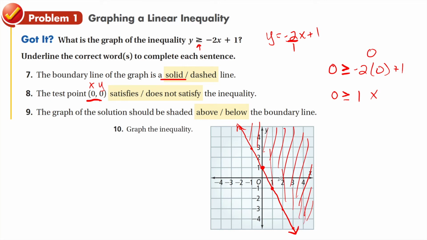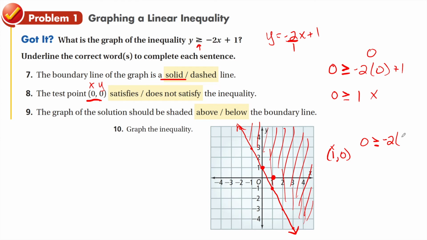So just to make sure, if I were to choose the point right here, the x is 1 and the y is 0. If I were to choose this point and plug it in, let's just see if it makes sense. I like to point out that this is a random point that is just in the shaded region.